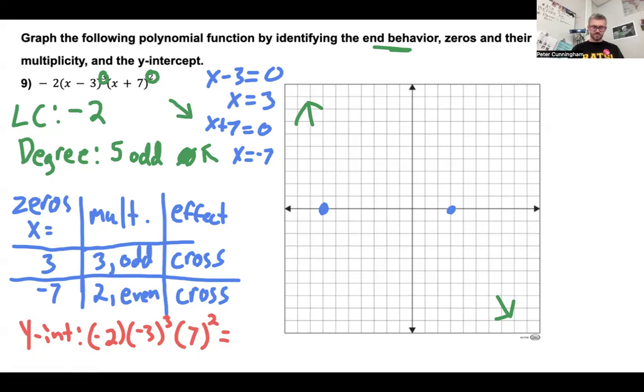Times negative 2. So negative 2 times negative 27 times 49. I'm guessing people don't know that off the top of their head. I certainly don't. Big old number, 2646.